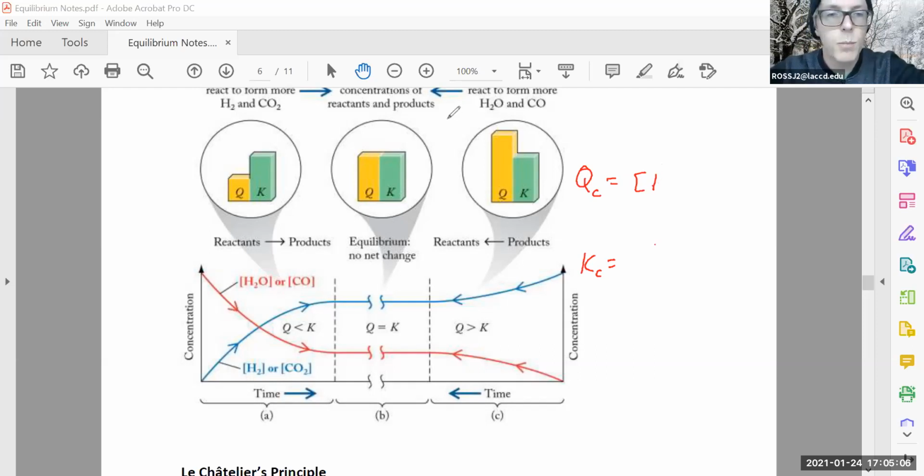Everything's a gas, so I may as well put it as a gas. I was going to do concentration, but I can keep everything as a gas.